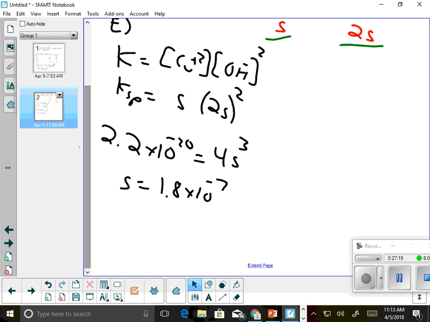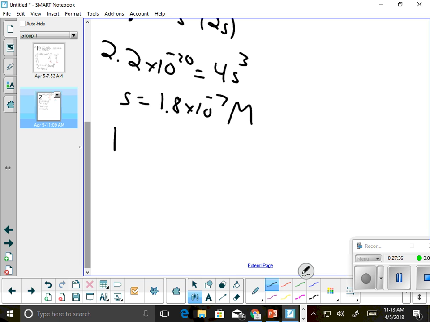So this is the molarity. So in other words, what's the most concentrated copper 2 hydroxide solution I can make? 0.0000018 molar. That's why it precipitates right away.